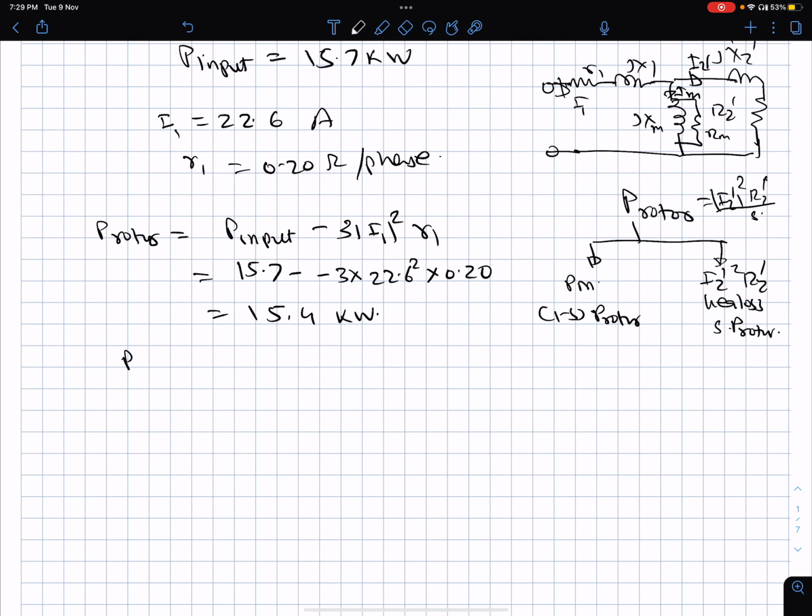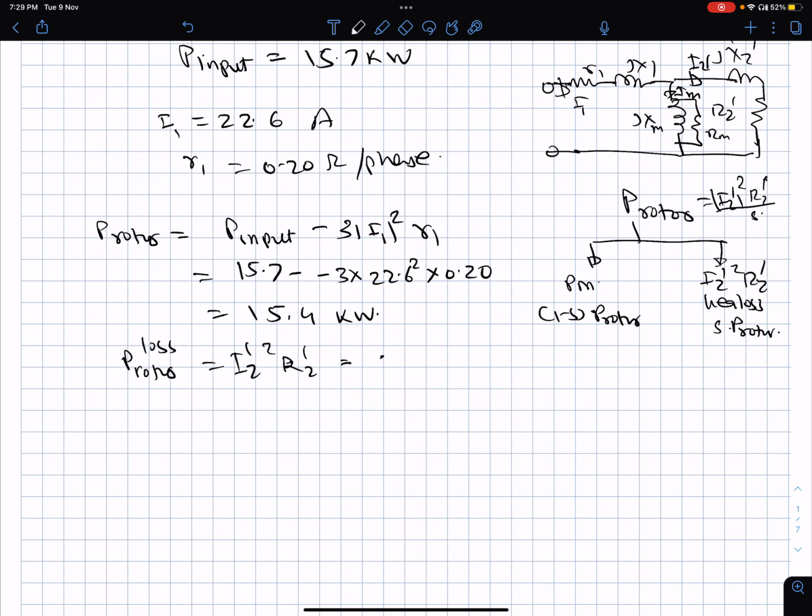So now the loss in the rotor, which is I2 dash squared R2 dash, is going to be the slip times P rotor. How much was the slip?